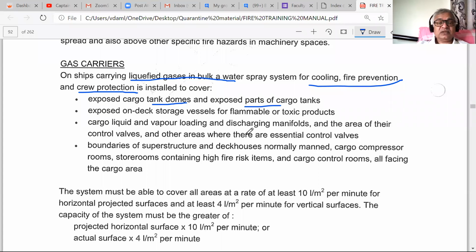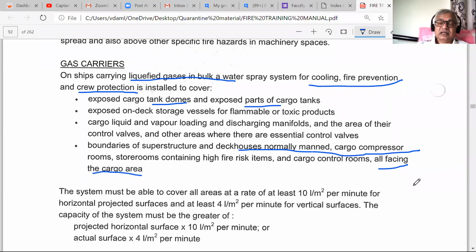These are the areas where there are a variety of these sprayer systems. Here, superstructure, deck houses, everything. Here you have got sprayer systems and all facing the cargo area.